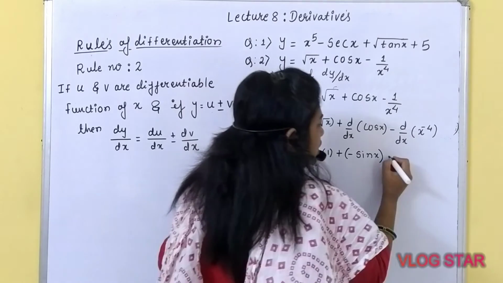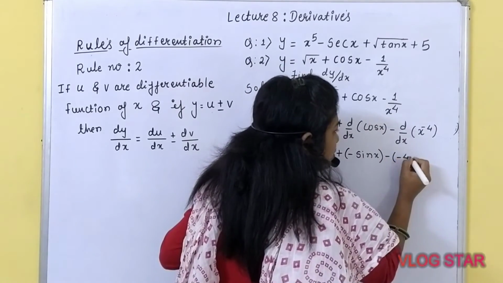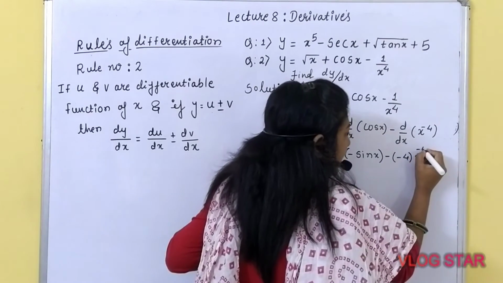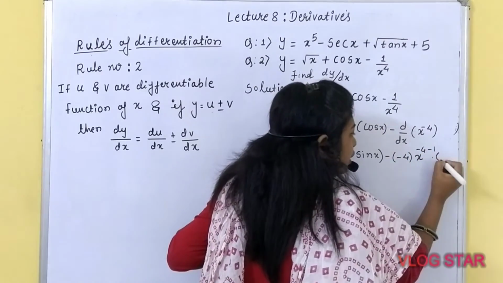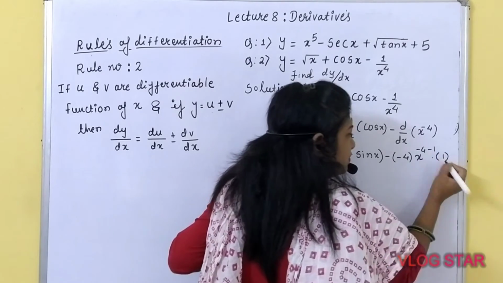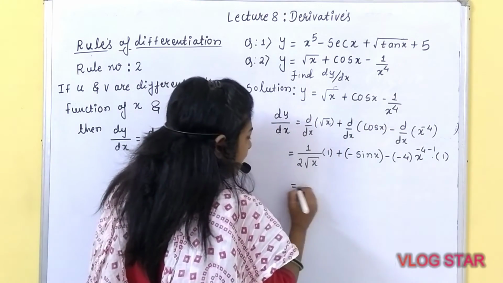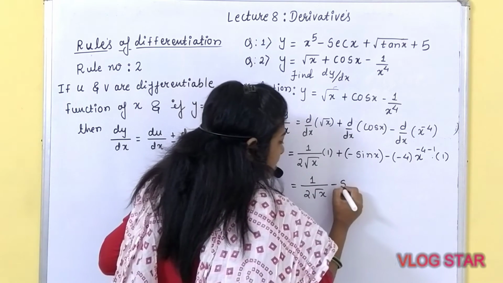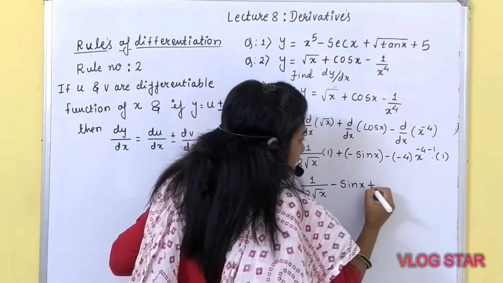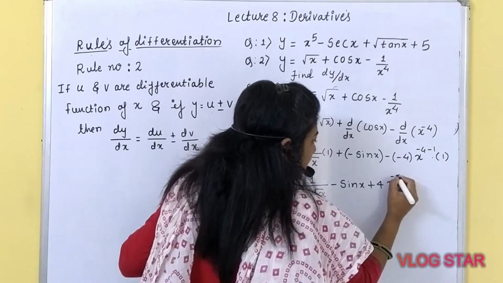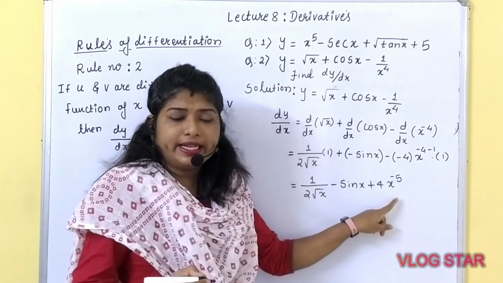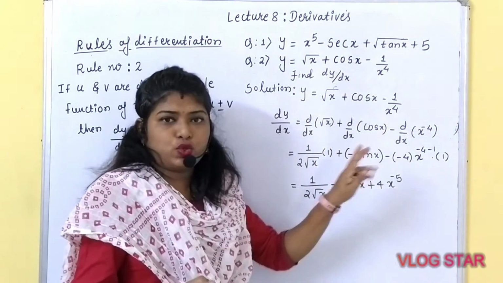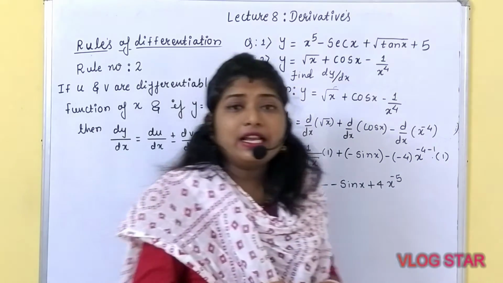Minus the derivative of x raised to n, which is n into x raised to n minus 1 into the derivative of f of x, which is 1. So what would be the final answer in this case? 1 upon 2 root x minus sin x plus 4 x raised to minus 5. Instead of x raised to minus 5, you can write 1 upon x raised to 5. This is your final answer.